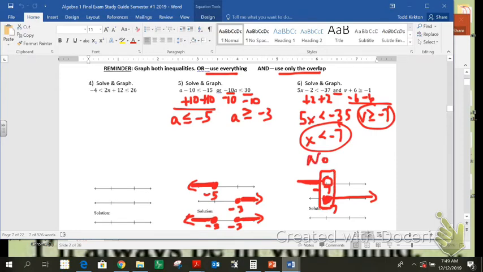So this would be no solution. That's a tricky one. So when you're doing an and problem, if the two arrows are not facing towards each other, you're going to have no solution because they aren't going to overlap. Unless they're both going one direction. We don't see very many of those. They're both going one direction, then you have some other tricky overlap.